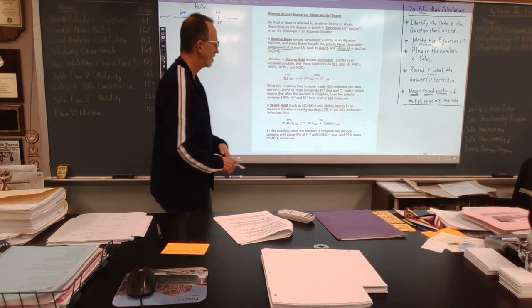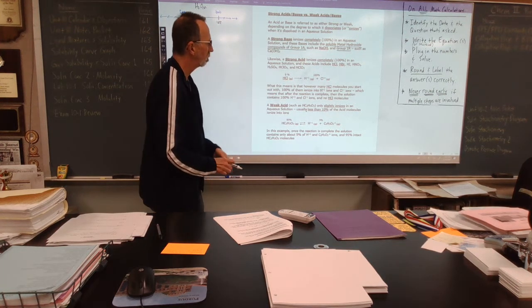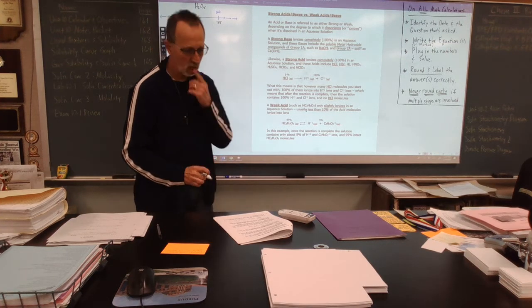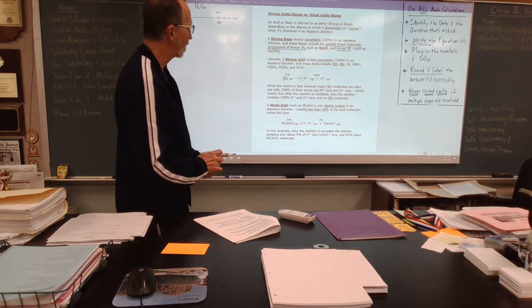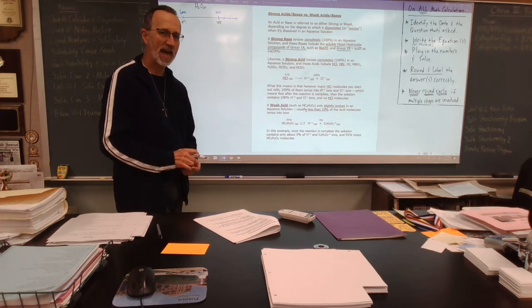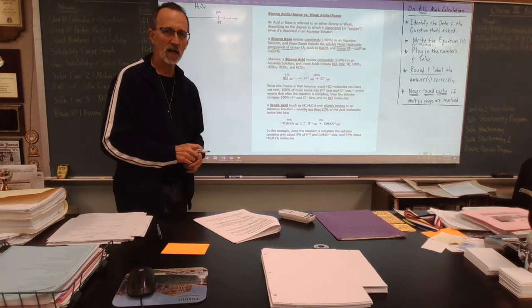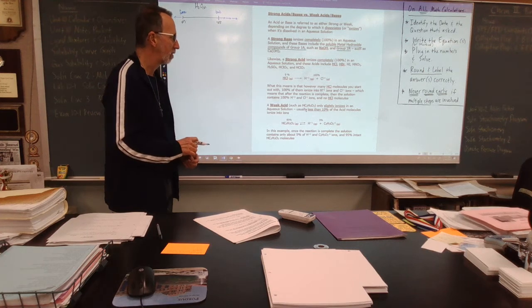Likewise, a strong acid ionizes completely, 100% in aqueous solution. And there are only a limited number of acids in which that's the case. Again, strong acid means that 100% of the molecules split apart into ions.